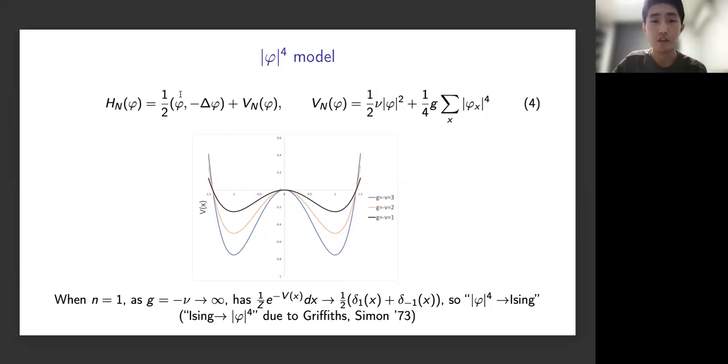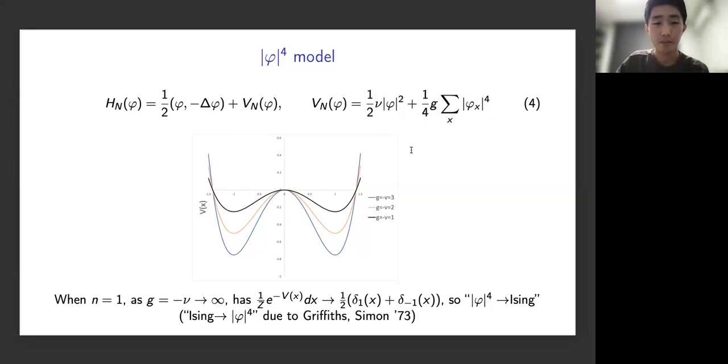So this should really be considered as a gradient interaction energy, which was also seen in the definition of the Ising model. And this V n term is the sum of the potential energy of each spin, and it is a sum of a quadratic term with coefficient nu and a quartic term with coefficient g.